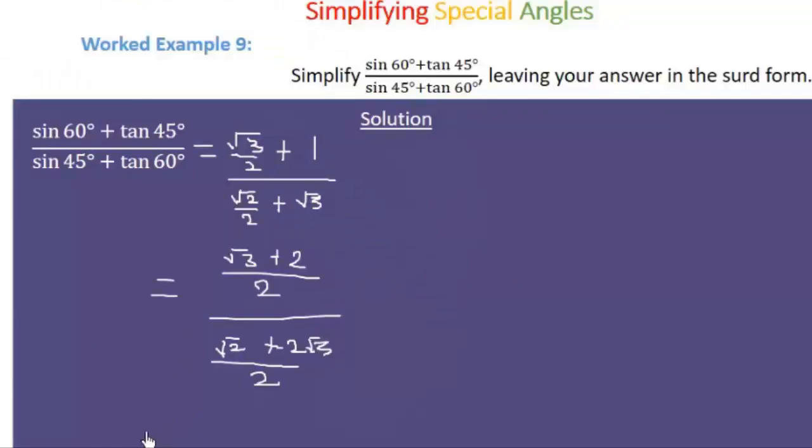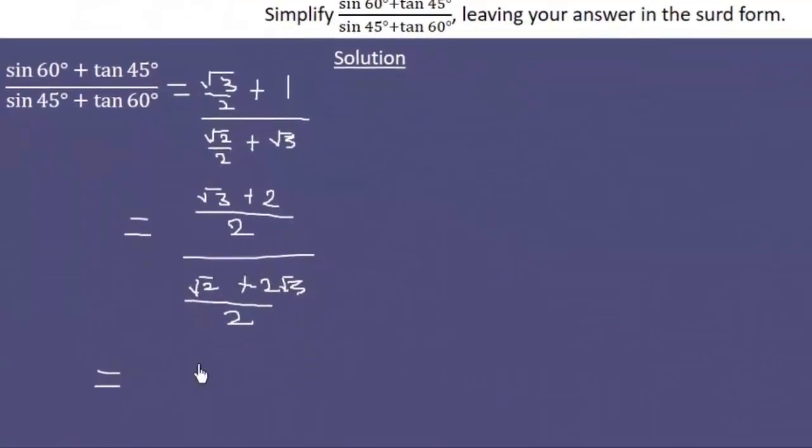Now the next stage is to reciprocate this. So we get root 3 plus 2 over 2 times 2 over root 2 plus 2 root 3.